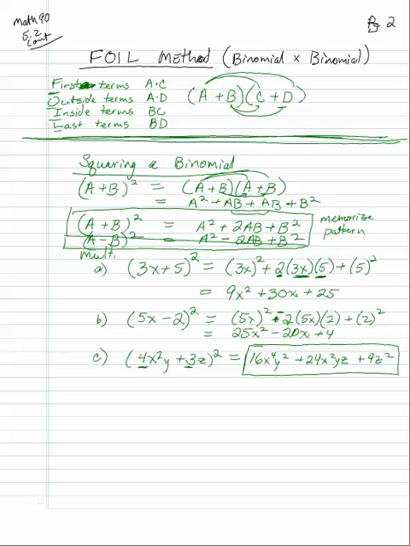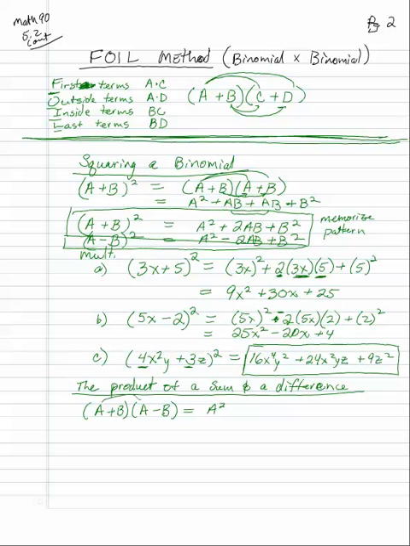Alright, so the next shortcut pattern we want to learn is the product of a sum and difference. Okay, so if I take two terms, a and b, and I do a sum, a plus b, and a difference, a minus b, and I multiply those out, if I FOIL it, or distribute, I'm going to get a squared, and then a times negative b, negative ab.